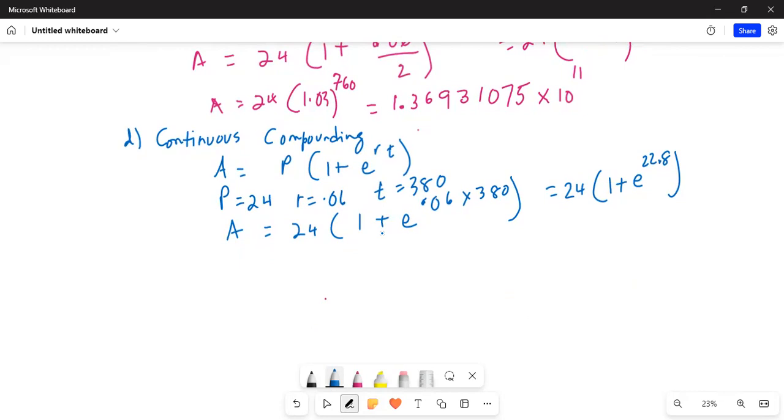The second button on the top left and the ln button on my calculator gives me the e, and that is to the power of 22.8, a huge number by itself. I multiply by 24.